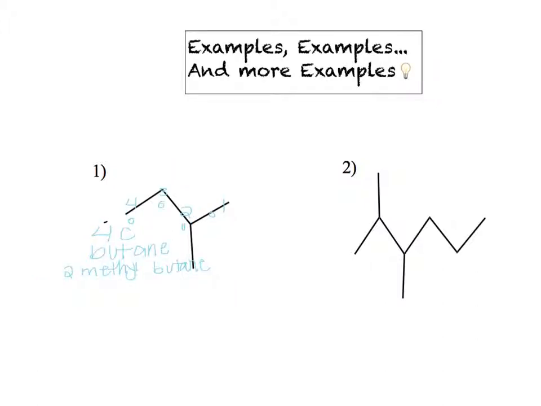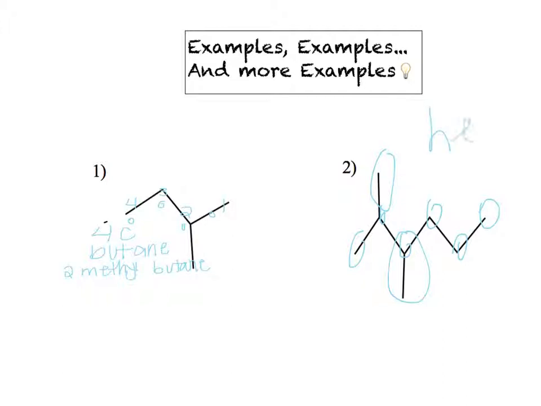Now we are on the second example. As you'll see in this example, there are two substituents, both methyl groups, located here and here. This is a hexane because there are 1, 2, 3, 4, 5, 6 carbons.